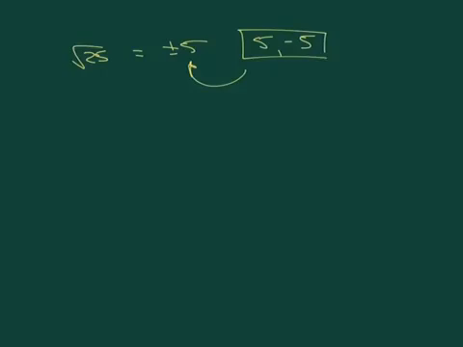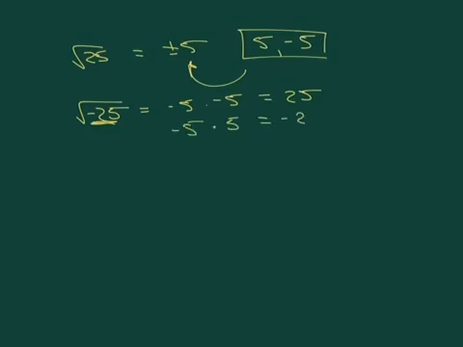And one of the things that I want you to realize, it says every positive number. There is not a square root of negative 25. Because if we multiply negative 5 times negative 5, we get positive 25. The only way we can get a negative 25 is if we multiply positive times a negative.